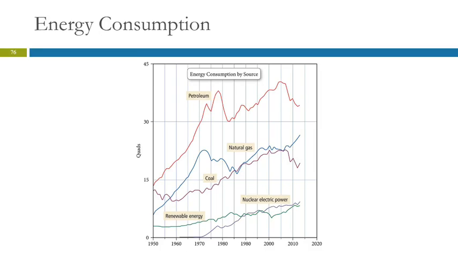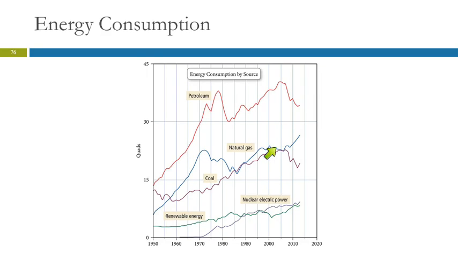Here's a graph of energy consumption over the years. So this graph starts in 1950 and goes up to, I think, 2013. Data lags a little bit behind. So we see that petroleum products consumption has been increasing steadily. It went way up here and then it came back down again.